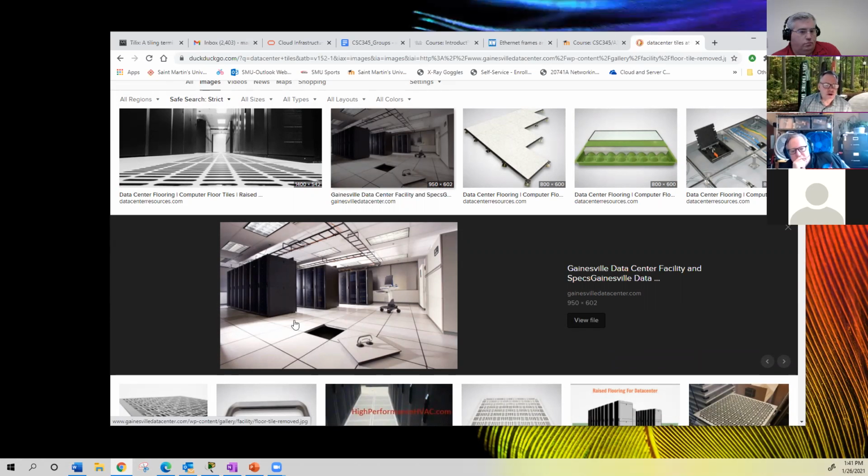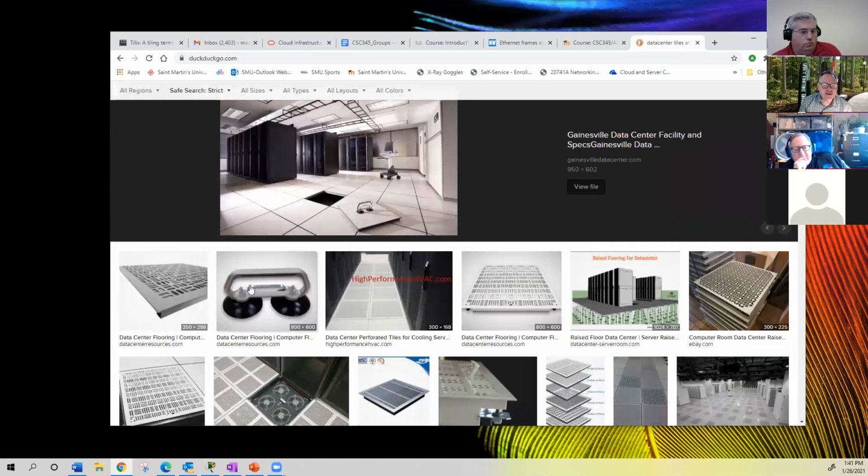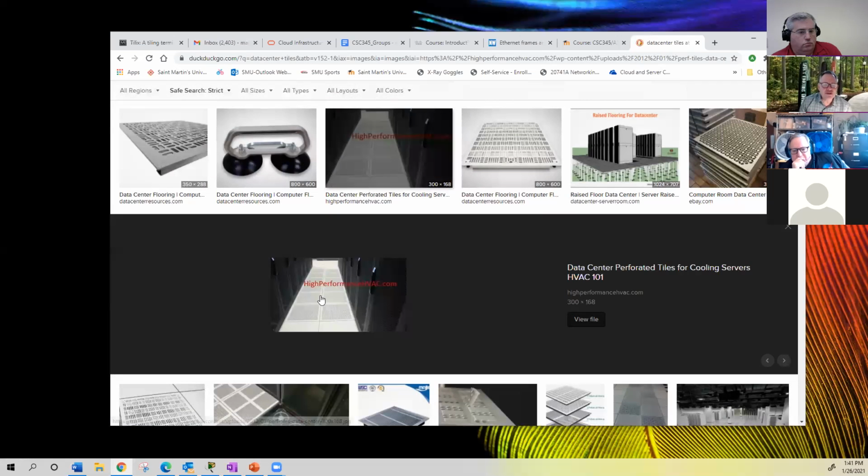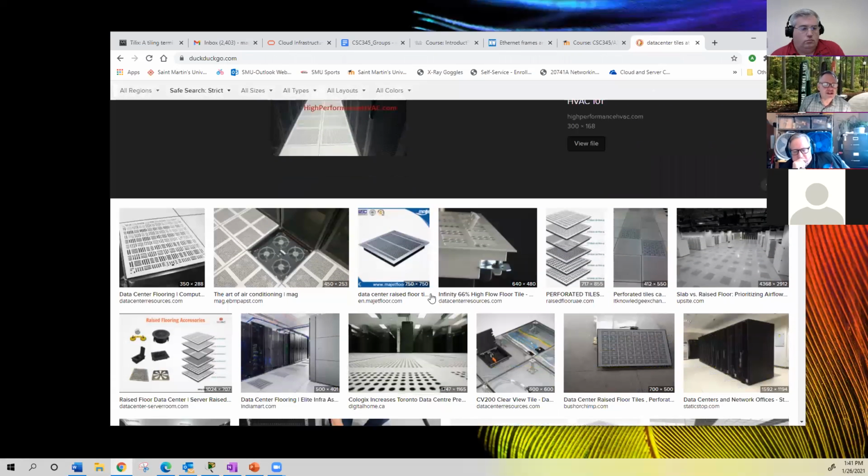And these perforated tiles come in different designs to allow different amounts of airflow to come up. You need to put the perforated tiles right in front of the fronts of those servers. If you just stick them out there wherever, it's not going to be very efficient.